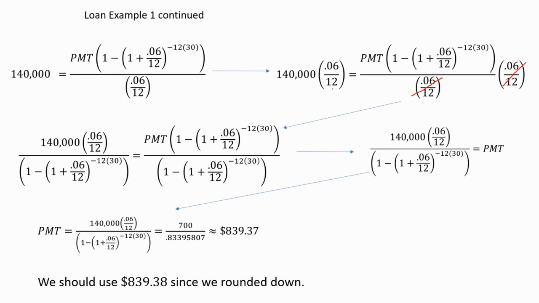Okay, so now what we have is this. And then, I know I kind of skipped this step, but then what I do is I divide both sides by this numerator. That's what I'm trying to show you here. So this divides, because then these cancel, and we're left with PMT equals all this. That's what we're doing. I mean, you could, I guess, calculate what's over here first and then divide by it, but you don't have to do that.